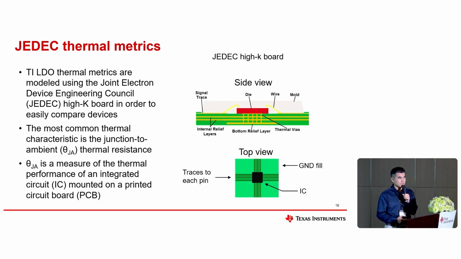In addition to LDO noise, the next section is about thermal. To compare the thermal performance of different LDOs, we need a standard. The JEDEC committee defines a parameter for how to compare different LDOs. It defines a four-layer board, with 2 ounce copper on the external layers and alternating power and ground internally.